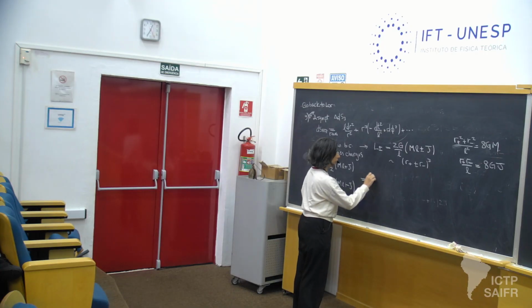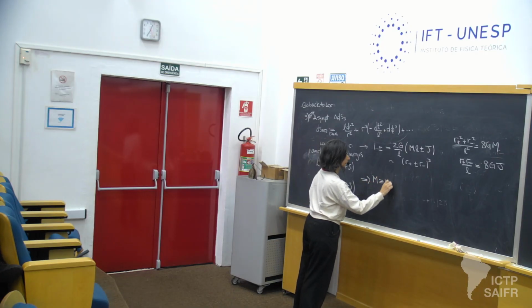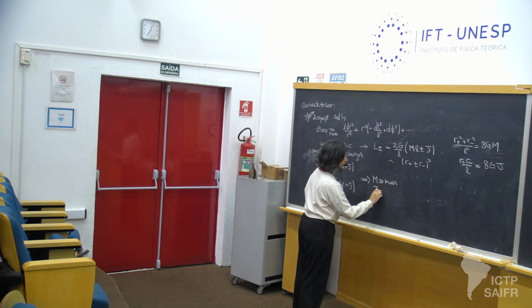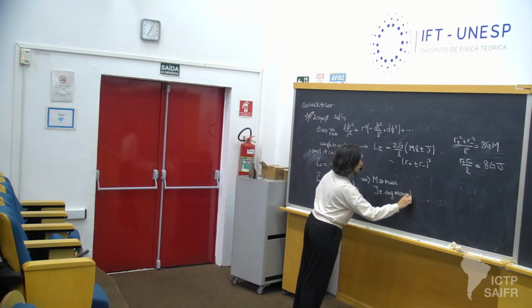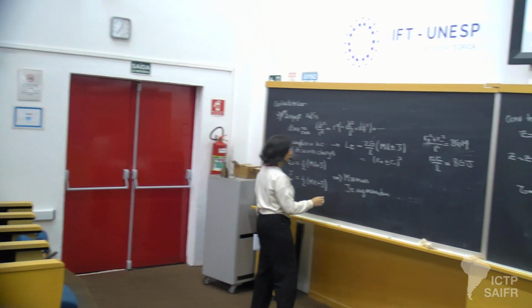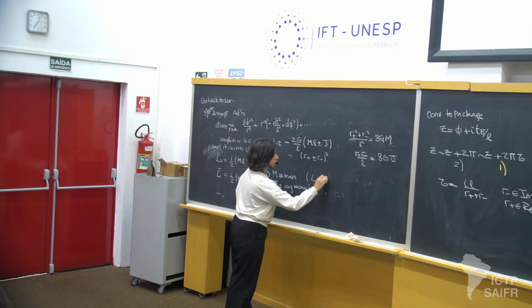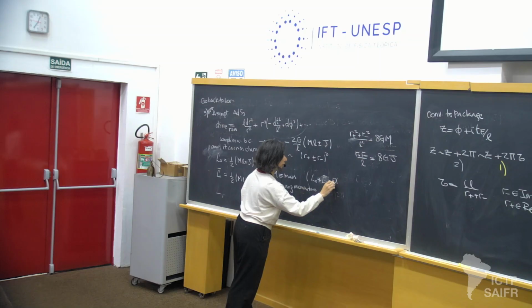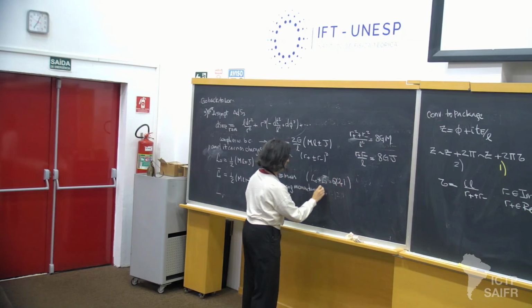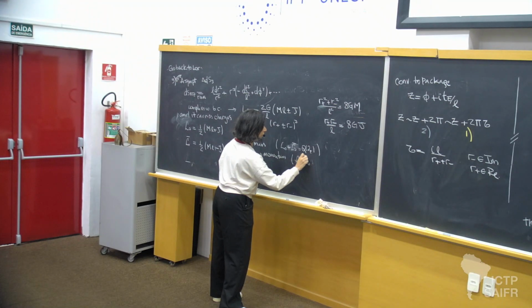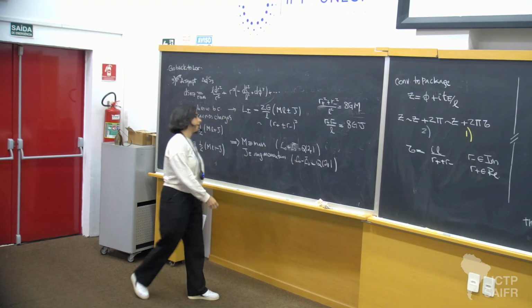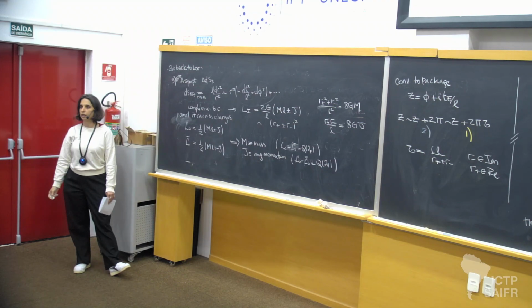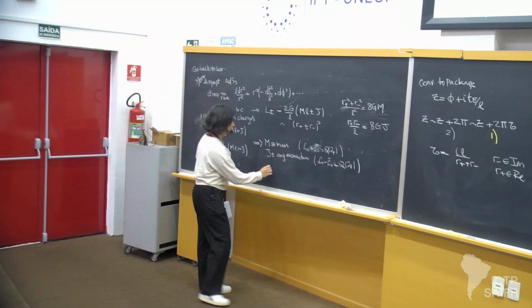Hence, M is mass, and J is angular momentum. This is because L0 plus L0 bar is the charge associated to dt, and L0 minus L0 bar is the charge associated with d phi. And dt and d phi are Killing vectors of the BTZ black hole.